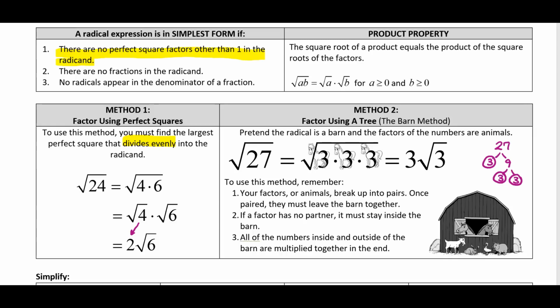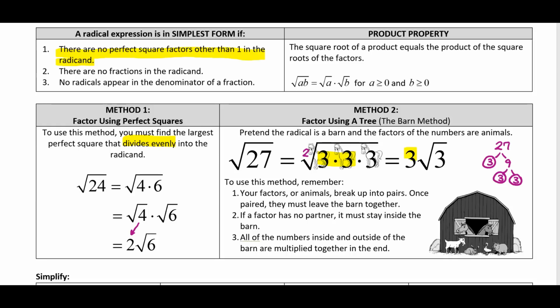So imagine each of these prime factors is an animal. And they're all the same animal here. In order to come out of the barn, you have to have pairs, because this is understood to be a square root. So it tells me that I need pairs of 2 animals. So this 3 and this 3 are like animals. If they're not alike, you can't pair them up. So this 3 can come out of my barn because there is one factor pair.